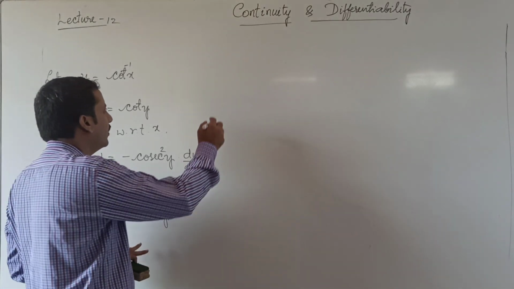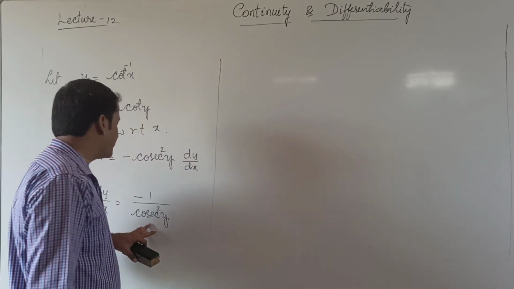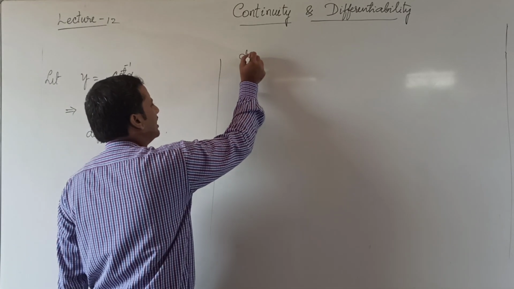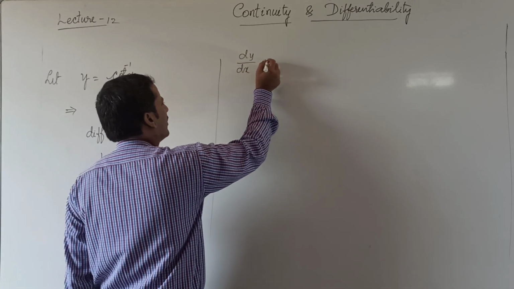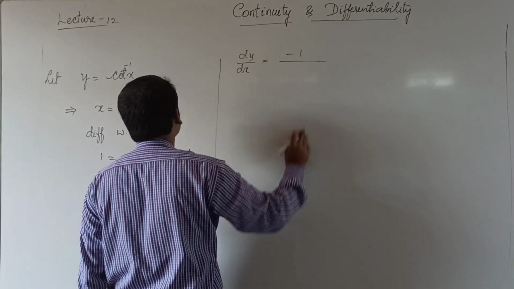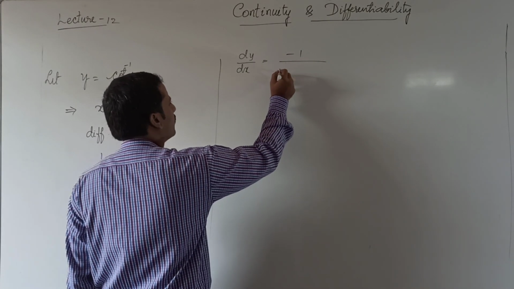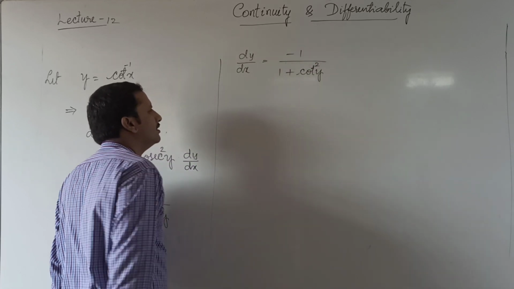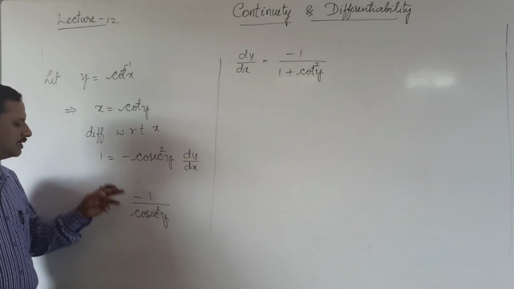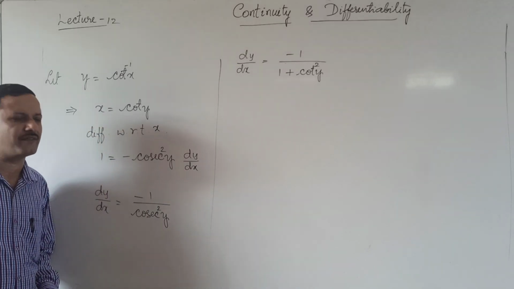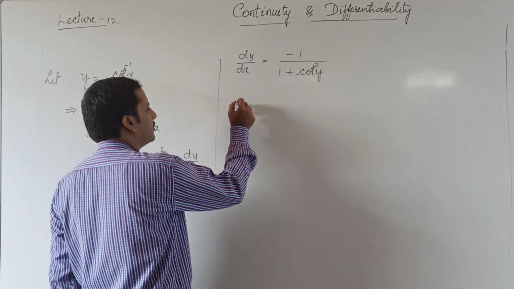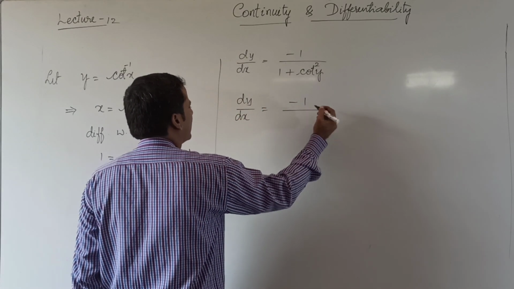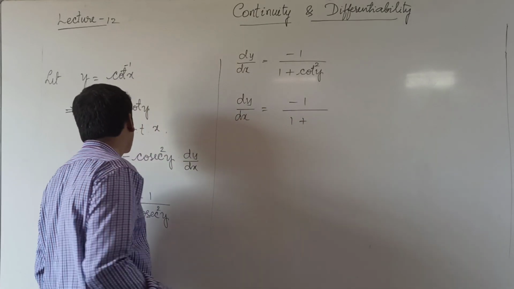Okay. Now, we shall express this cosecant square y in terms of cot y. Cosecant square y is equal to 1 plus cot square y. That formula we know. So dy by dx is equal to minus 1 by 1 plus cot square y.